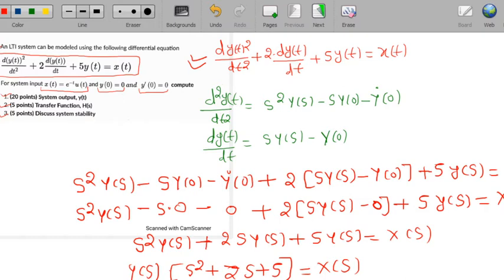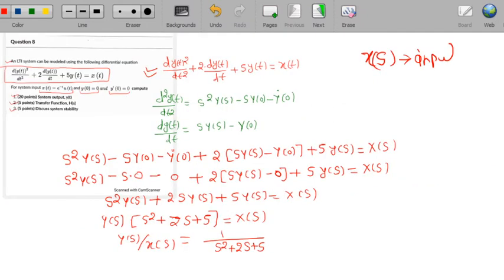Here x of t is the input, so X of s is also the input in the Laplace domain, and Y of s is the output in the Laplace domain.